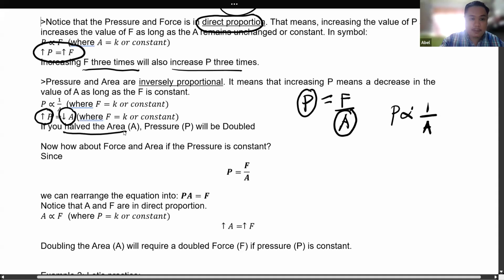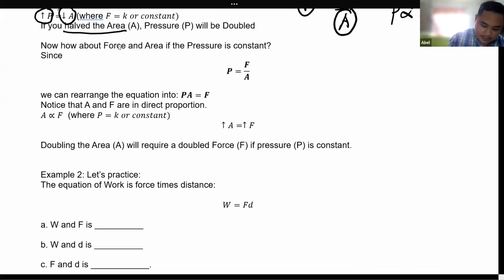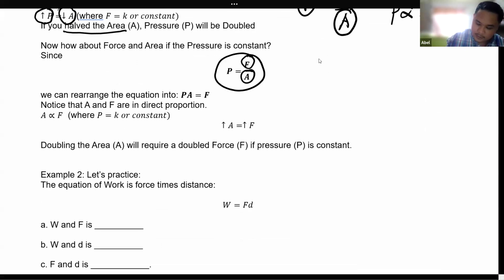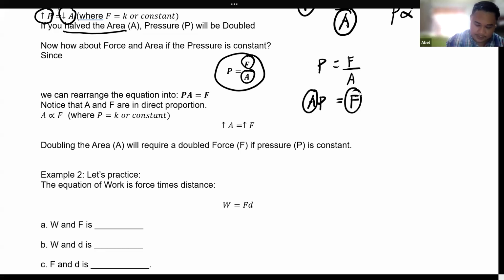Now, how about force and area, if the pressure is constant? This time is quite different. We're given this, but you want to look at the relationship between the force and area. Now, we can arrange pressure is equal to force over area; you can watch my previous video. So area times the pressure is equal to the force. You will see here that the area and force are directly proportional, or direct variation.